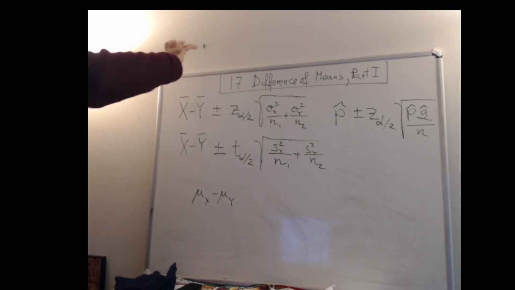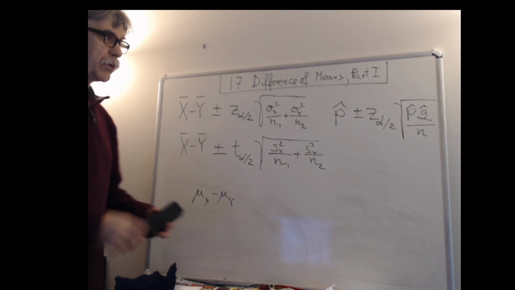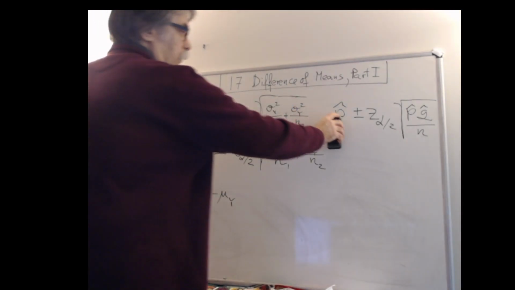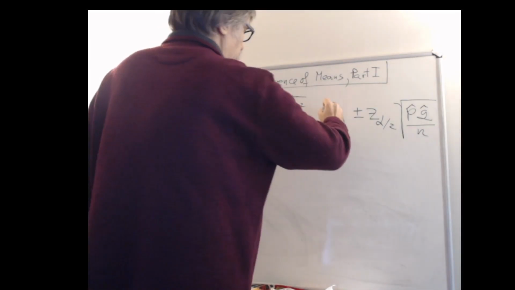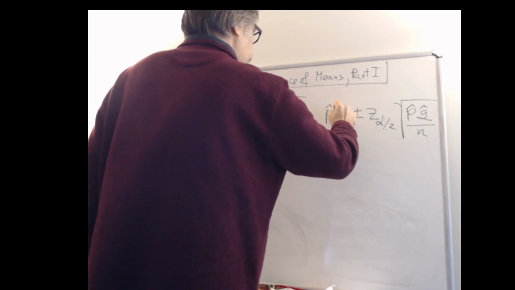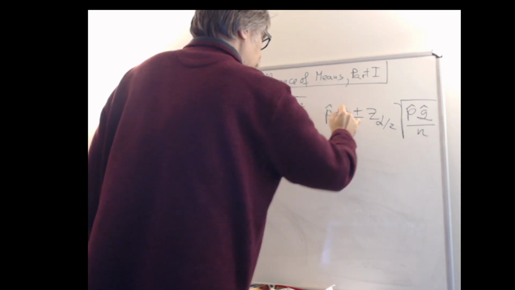Okay, now what will happen in the proportion business? In the proportion story, you would have a proportion for the X and a proportion for the Y, so you have two variables, and the estimate for the difference would be like that.